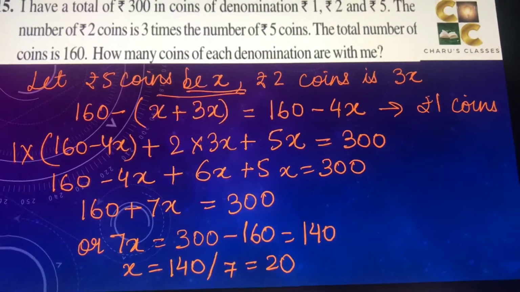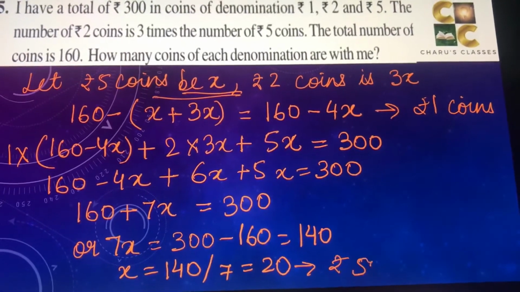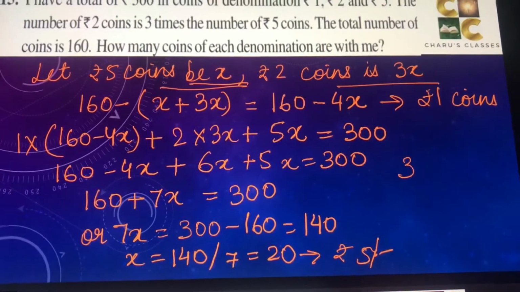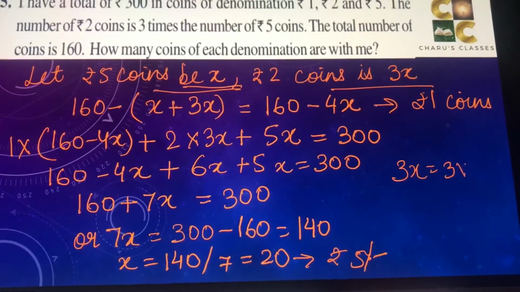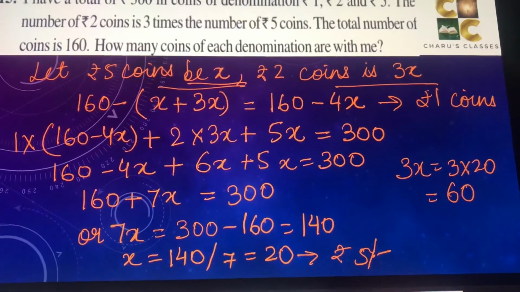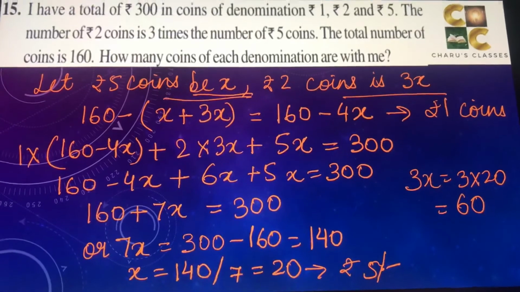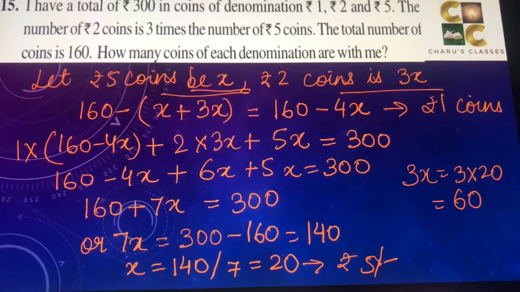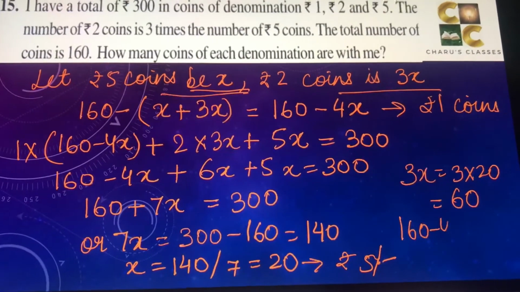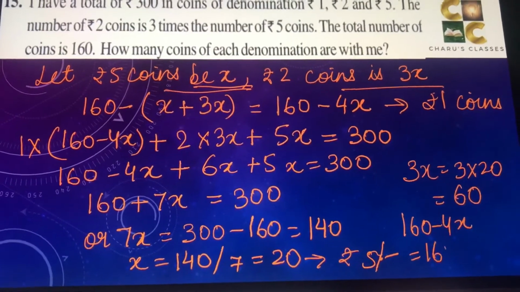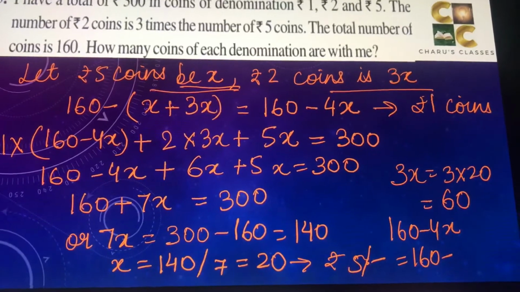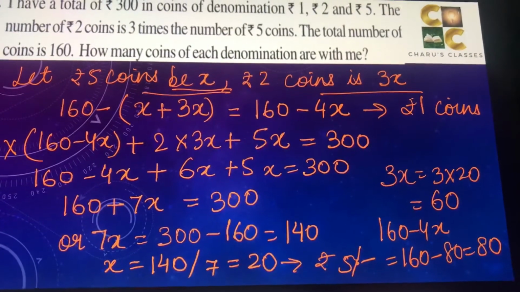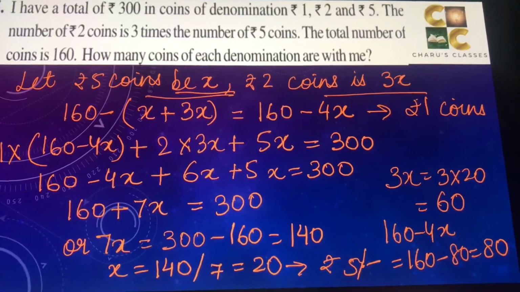So the 5 rupee coins which are x, that are 20 coins. 2 rupee coins are 3x, so 3 into 20. We get 60 coins which are for 2 rupees. And the 1 rupee coins that are 160 minus 4x, that is equal to 160 minus 4 into 20, that is 80. So therefore 1 rupee coins are 80 in number.